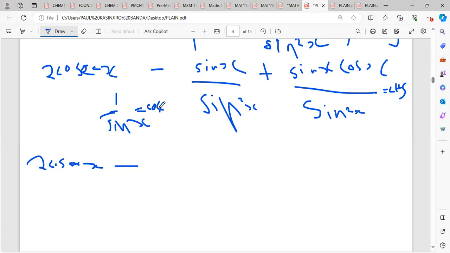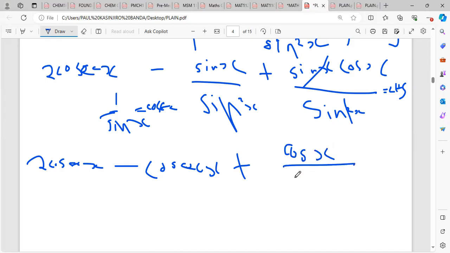That's the identity for cosec. So whatever is here will just be a cosec x. Then plus, what do we have here? We cancel one sine, meaning we remain with cos over sine there. Then this is equal to the right-hand side.